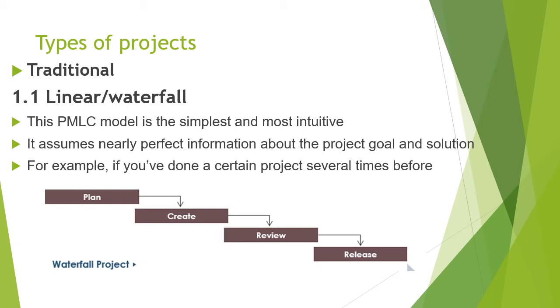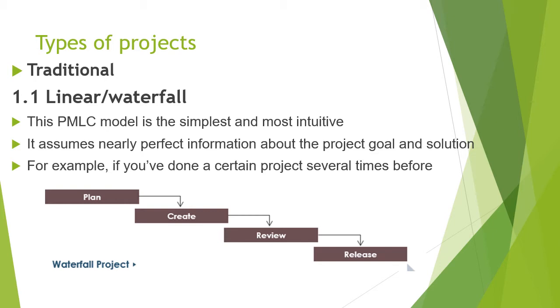So I will start with the traditional projects. The first one in the traditional category is the linear, or what is commonly known as waterfall projects. This project management lifecycle model is the simplest and most intuitive one.